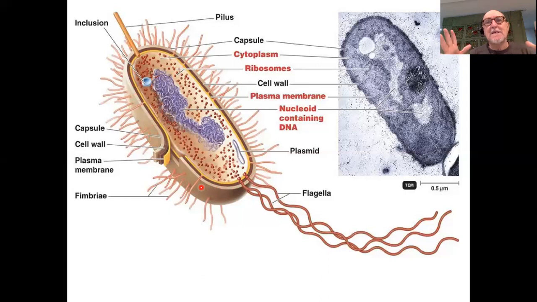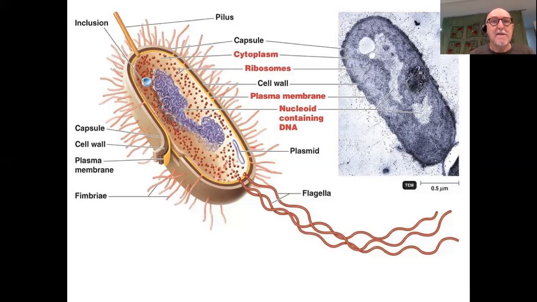A capsule is denser and sits more tightly against the cell. A slime layer is much the same collection of substances, but it is loose and easily removed from the cell, and literally does form slime. Sometimes if you grow these bacteria in culture, you'll see that the culture will actually become slimy as this layer of polysaccharides is lost from the cells.